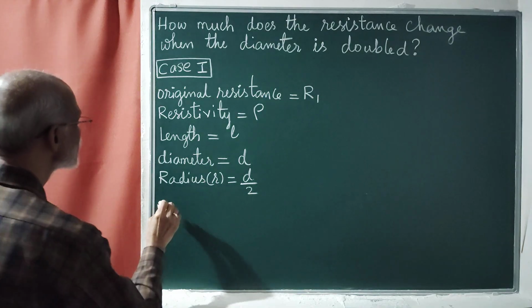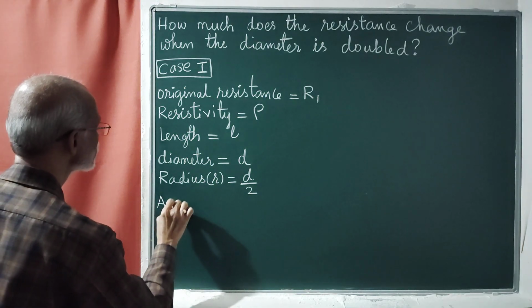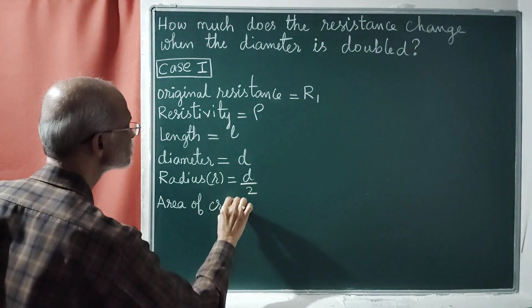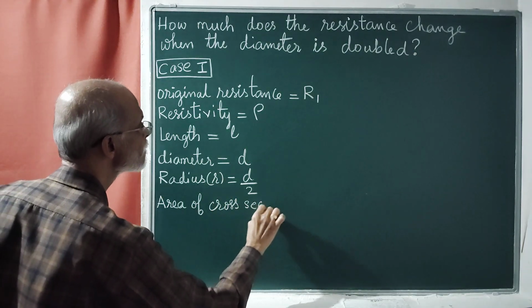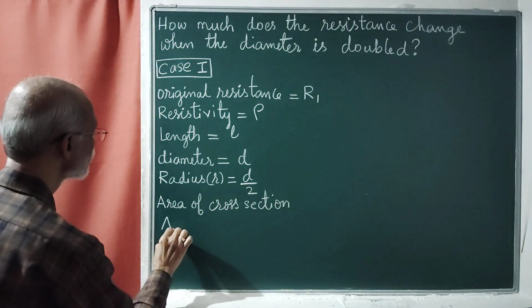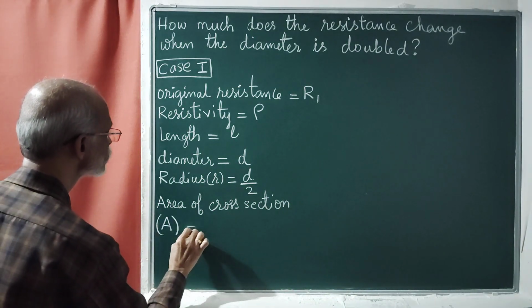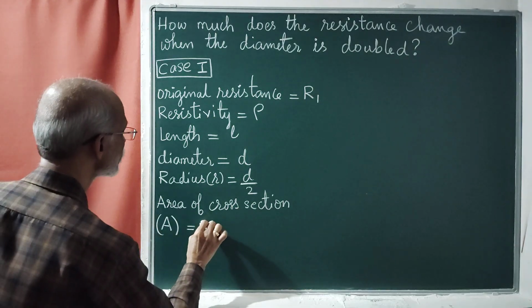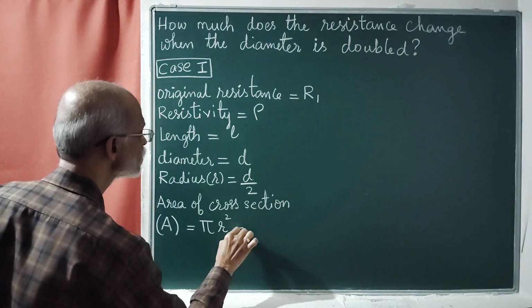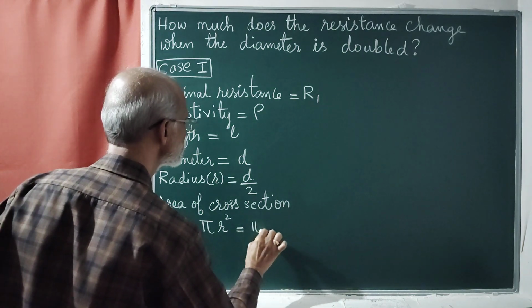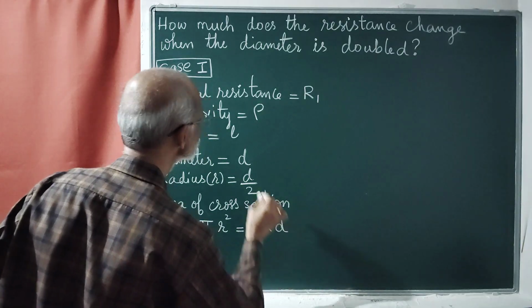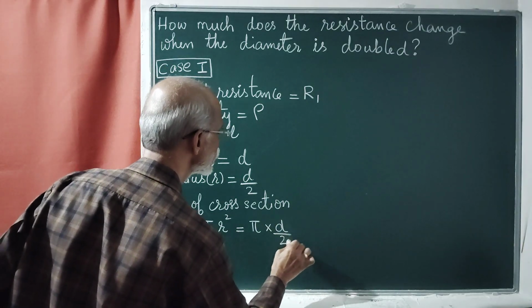Then area of cross section A is equal to pi r square, that's equal to pi into r square, meaning D by 2 is r, so D by 2 into D by 2.